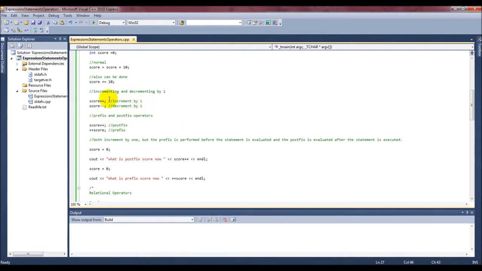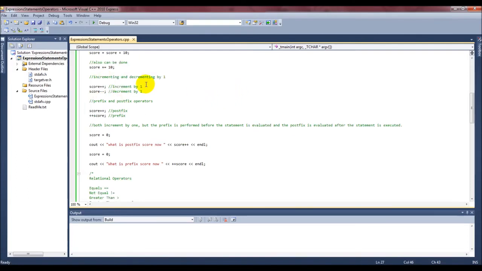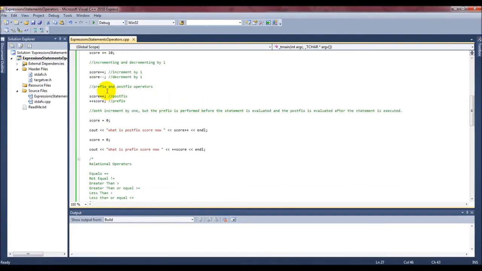So in this case, I believe score is 10 right now, or actually it might be 20 after this line, but let's just say score is 20. Score would now be 21 after this line is evaluated, and after this line is evaluated, be back to 20 again.